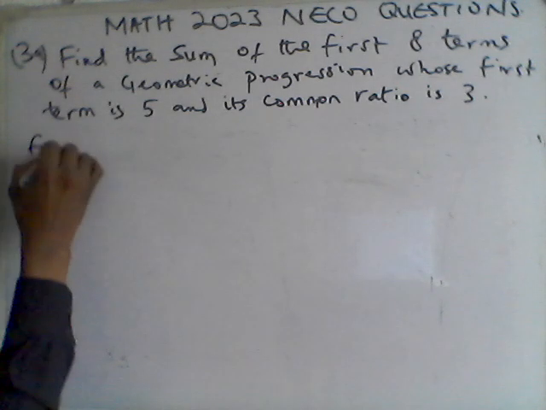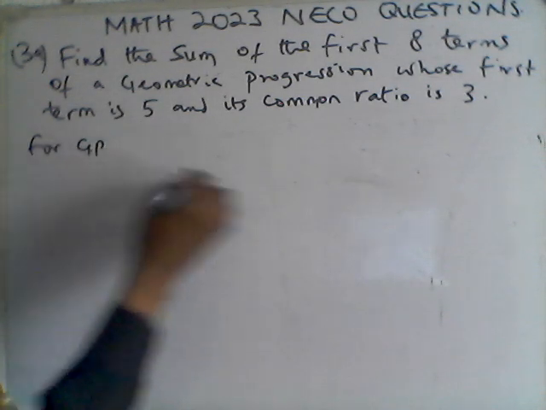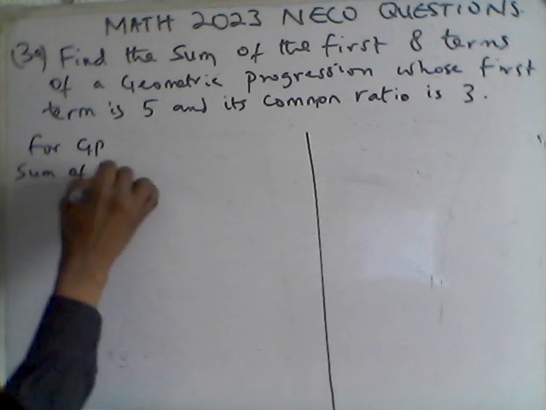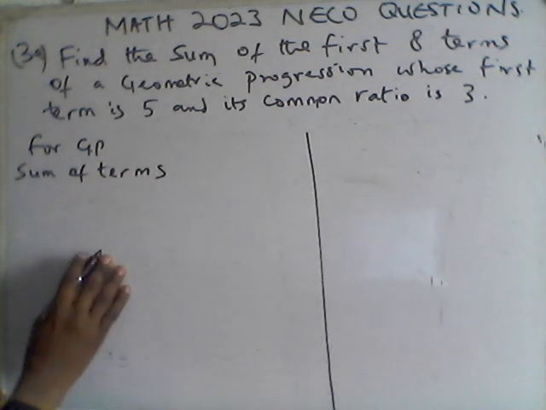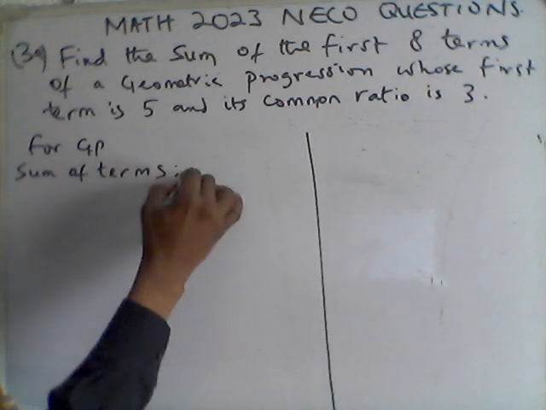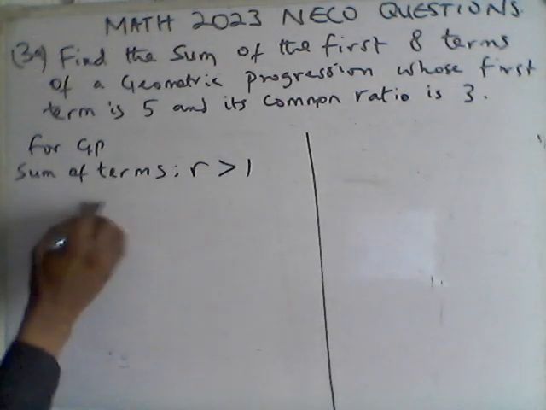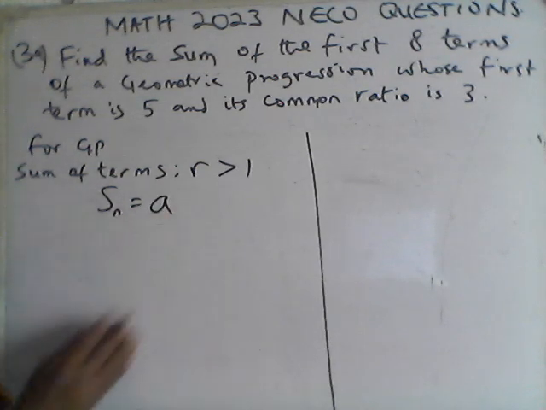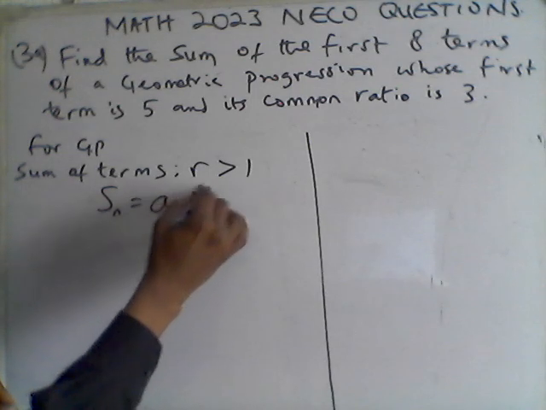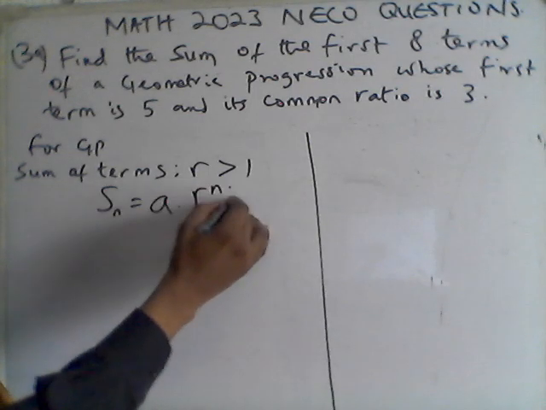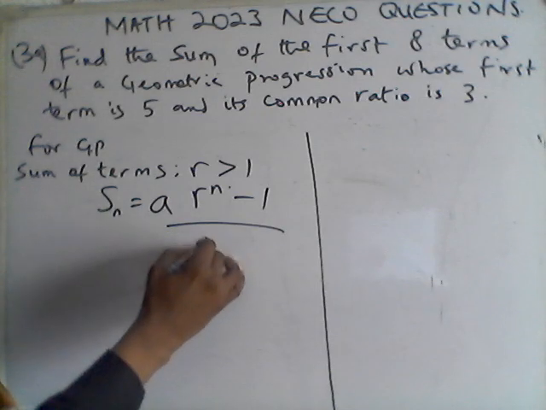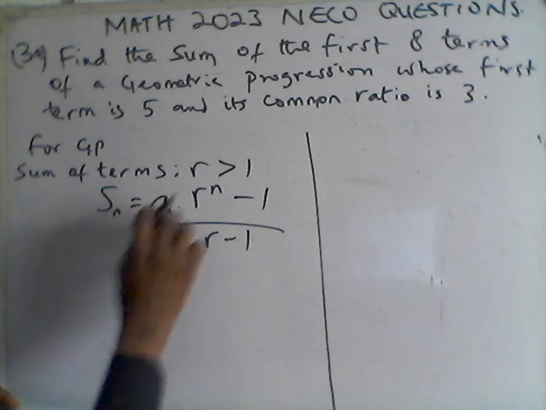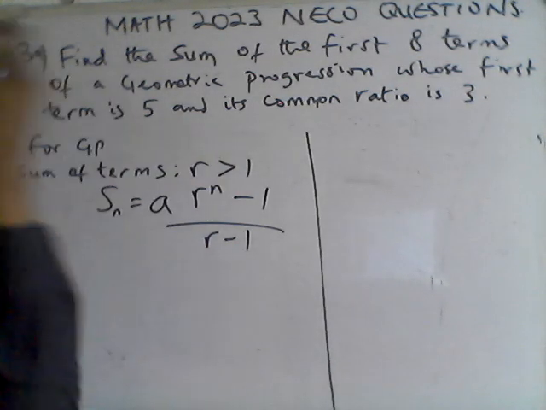For GP, sum of terms is given as, for r is greater than 1, I will use sum of n terms is a times r raised to power n minus 1 all over r minus 1. So this is the formula for the sum of terms if r is greater than 1.